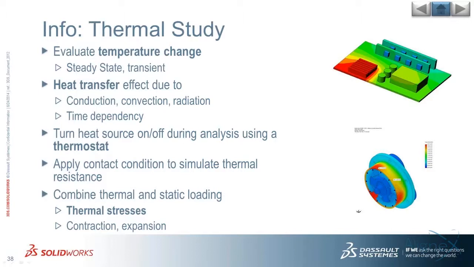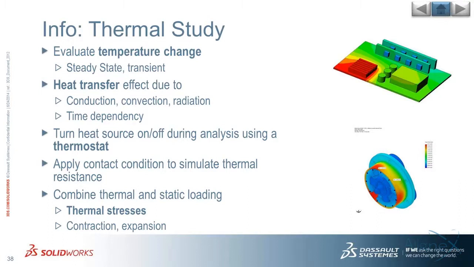Okay, so again, the thermal study evaluates temperature change, both steady state and transient, where we can look at it over time. And heat transfer effects are due to conduction, convection, and radiation, so the three different heat transfer methods. And we can, of course, set it up with time dependency. We can set those values up as time dependent when we run a transient study.